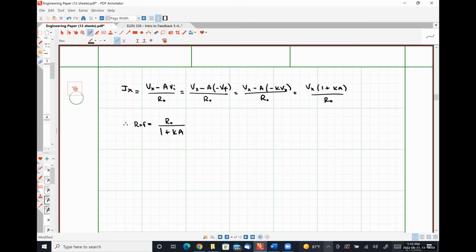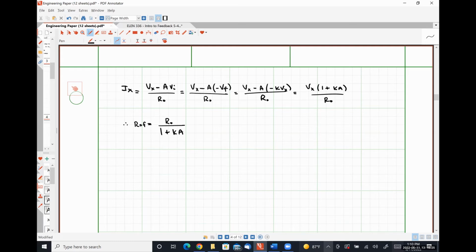So again, we have mathematically explained why the parallel connection of the feedback network tends to cause the output resistance to decrease, which is a desirable property for voltage amplifiers. All right.